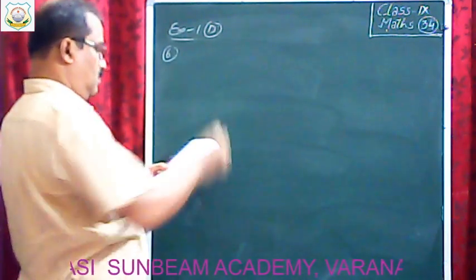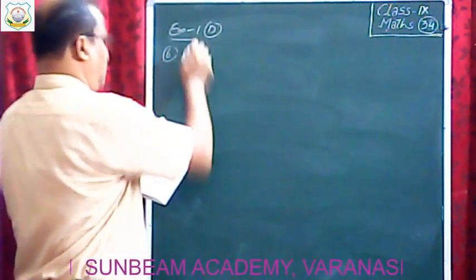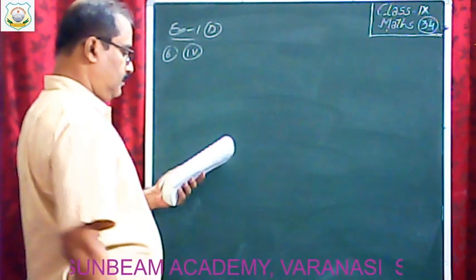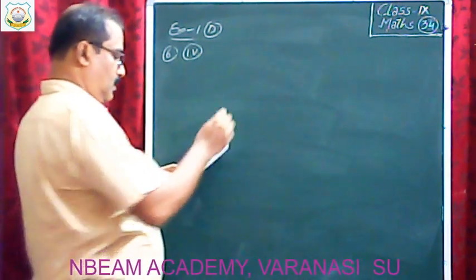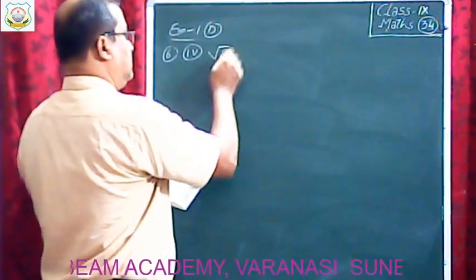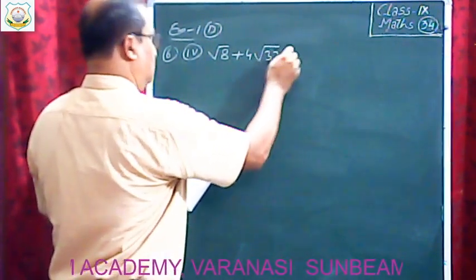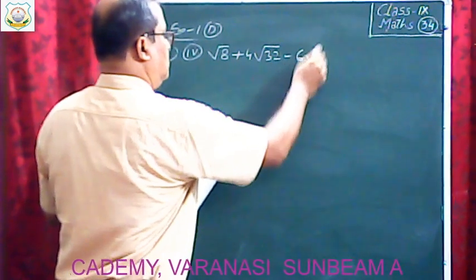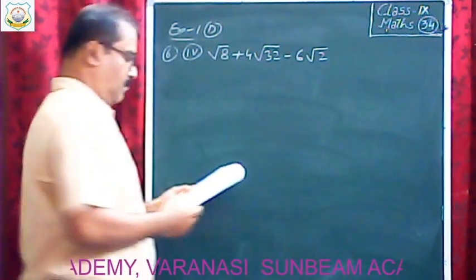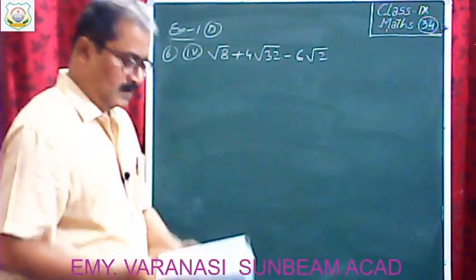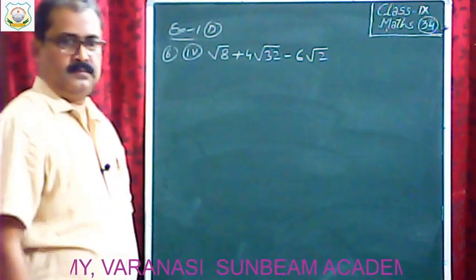One more. 4 square root 8 plus 4 square root 32 minus 6 root 2. Okay. So again you have to simplify.